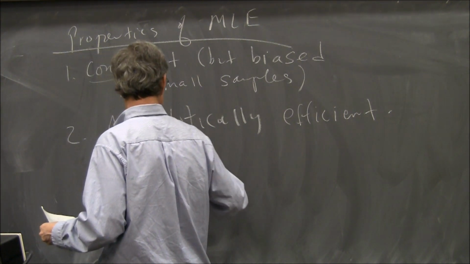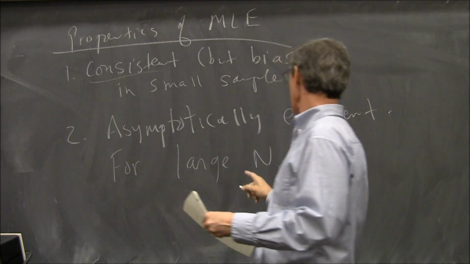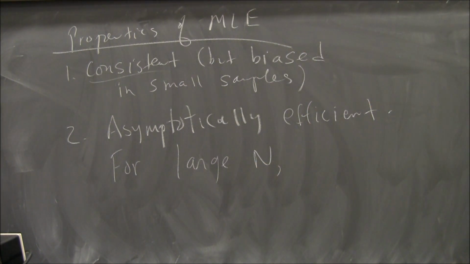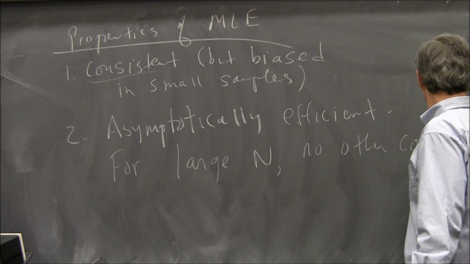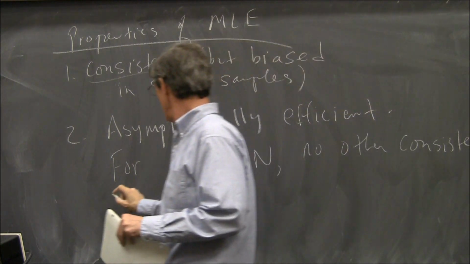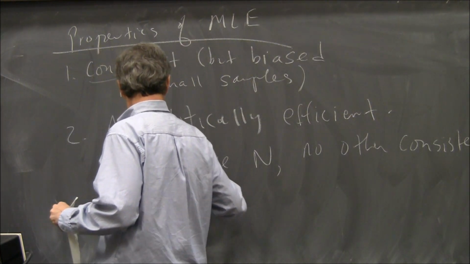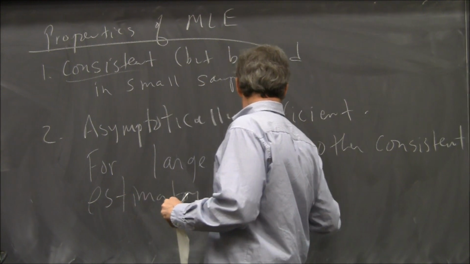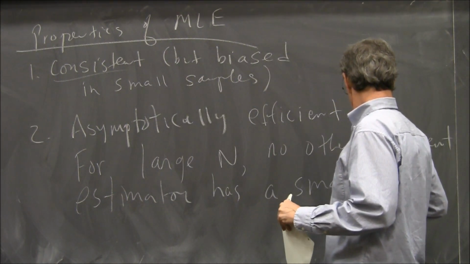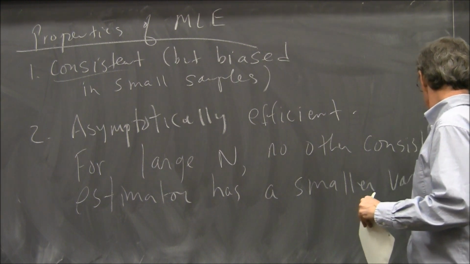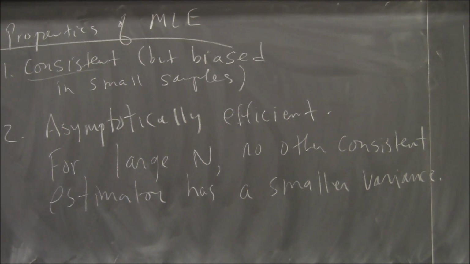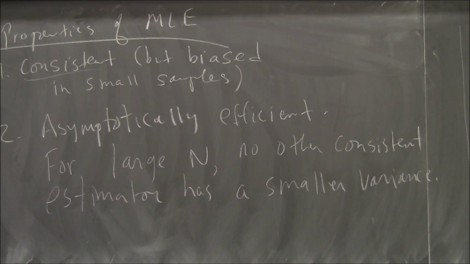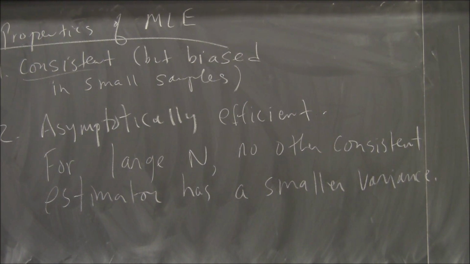For large n, asymptotically, no other consistent estimator has a smaller variance. So they're fully efficient. The ratio of the variance of this estimator to any other estimator is less than 1. That's not a very good way to say it. It's more efficient than any other estimator. That's a much better way to say it.